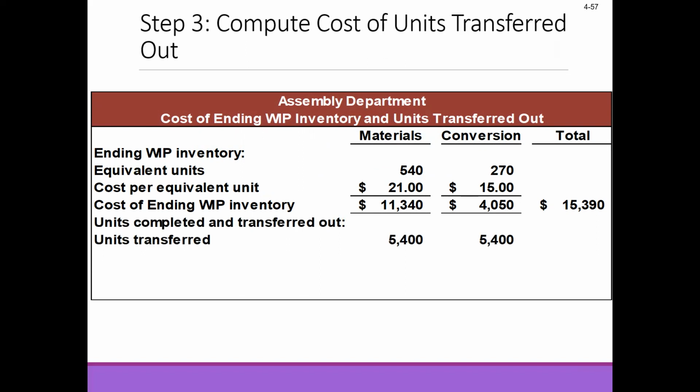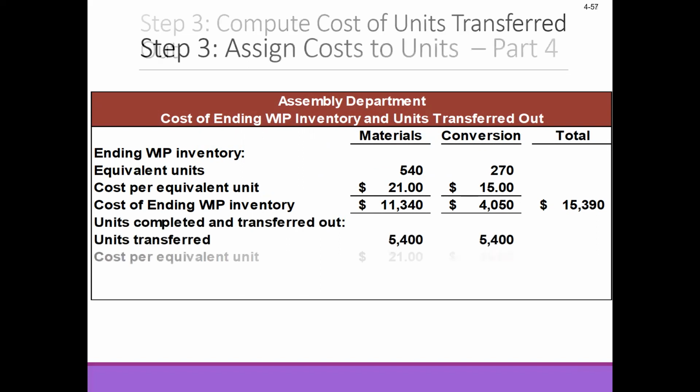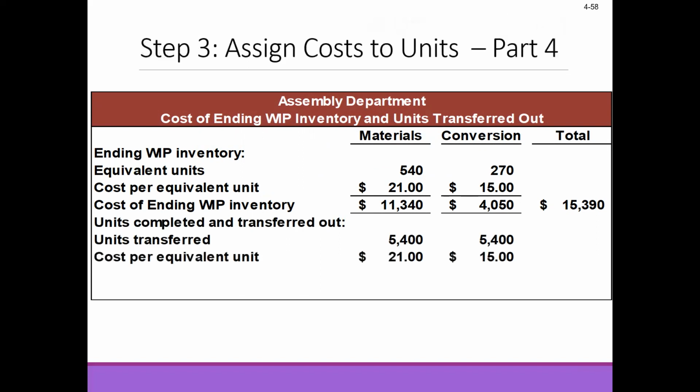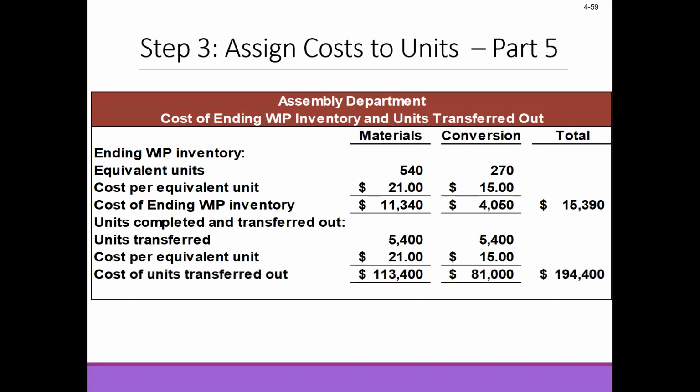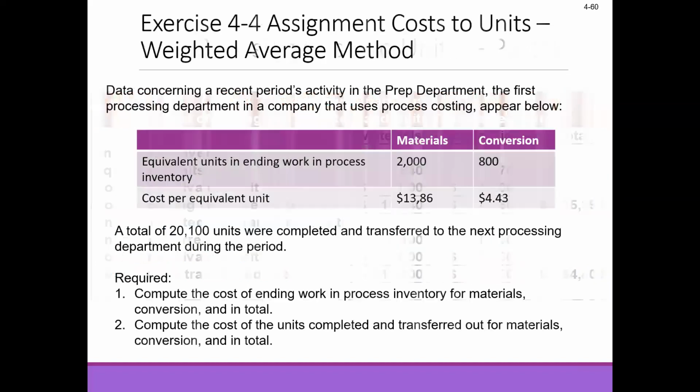Then those that get transferred out, we've got the same cost there. So we know exactly what's still sitting in work in process and the cost amount that was transferred out.